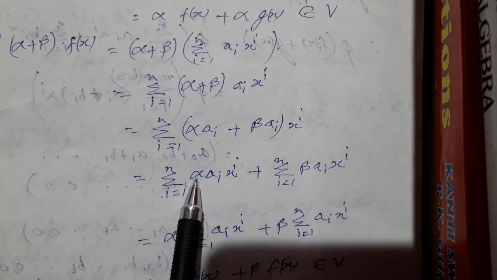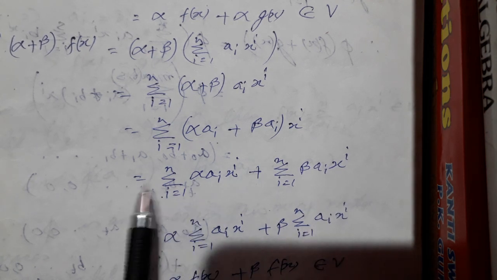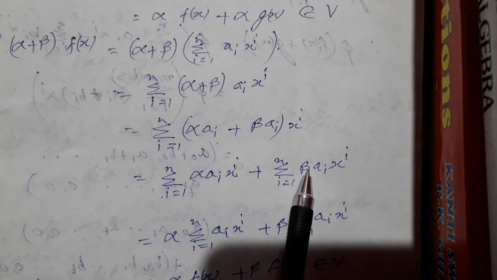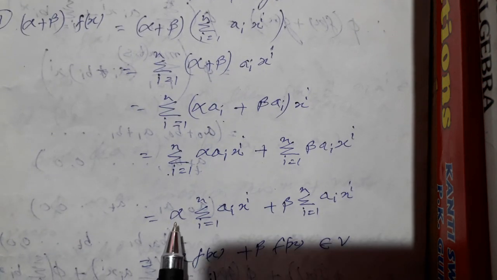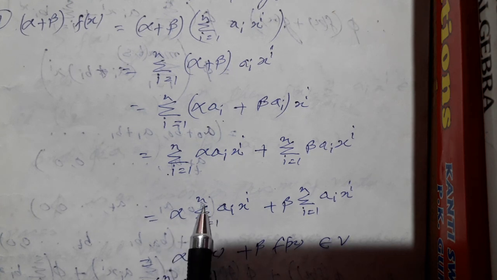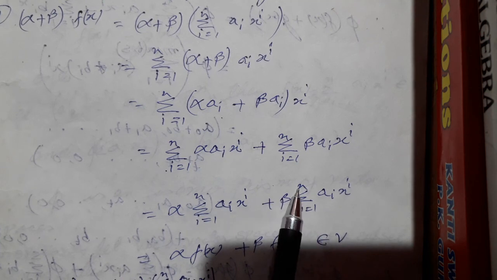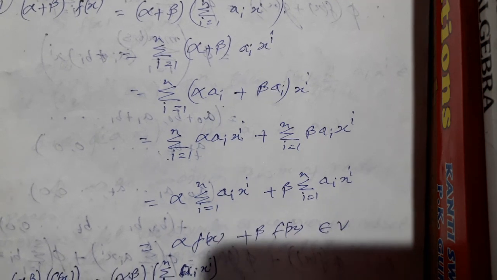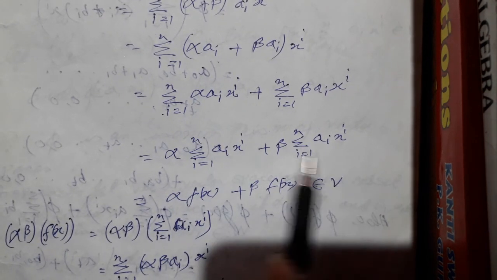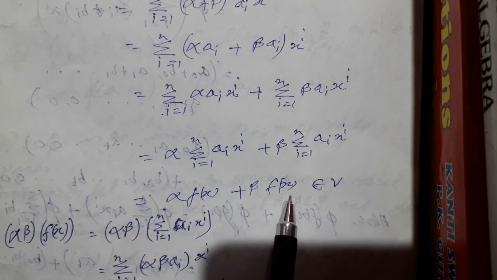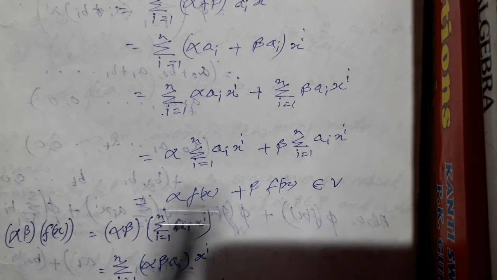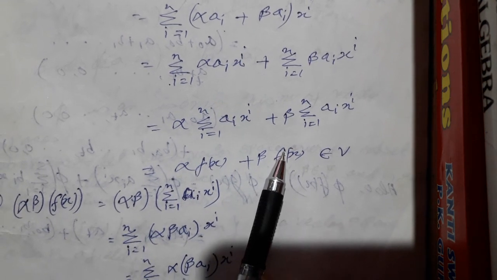Alpha is a scalar; it doesn't depend on the summation, so alpha will come out of the summation. In the same way, beta also does not depend on the summation; it will come out. So we get alpha summation i equal to 1 to n a_i x^i plus beta summation i equal to 1 to n a_i x^i. Here this is f(x), this is also f(x). So we get alpha f(x) plus beta f(x), and this belongs to V. So the second condition is also satisfied.